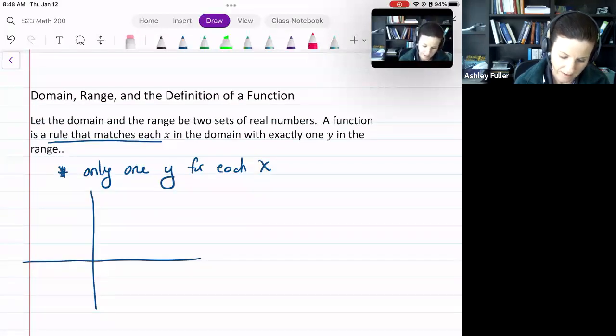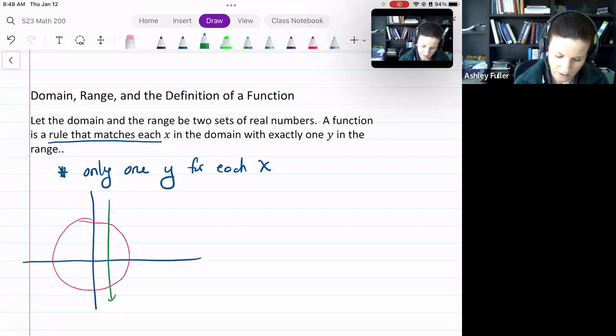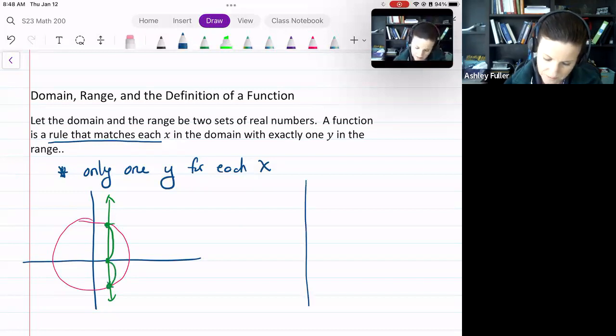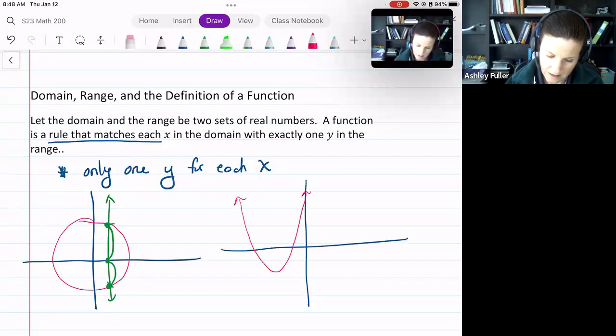Notice if I have a circle, it does not pass the vertical line test because this x corresponds to both of these y values. In contrast, something such as a parabola, each x only corresponds to one y.